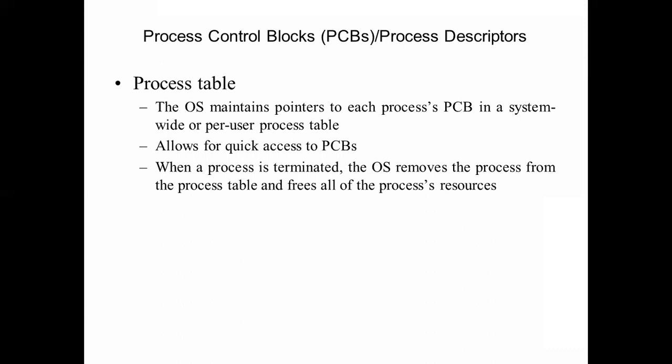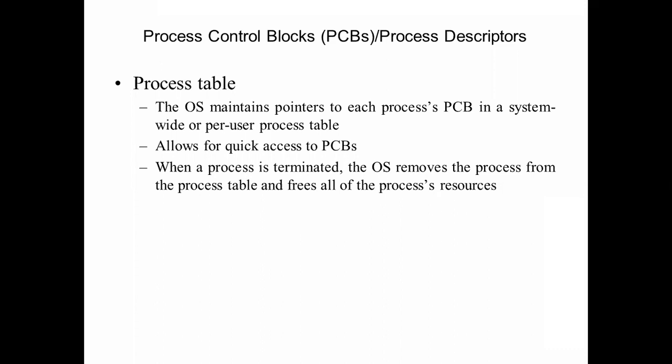The record of that will be maintained in the process table. This allows for quick access to PCBs. Because we have the pointers, with the help of the pointer we have the interface with the process table, and here we have the address of that particular location of the PCB. So we can access PCBs easily with the help of this process table.